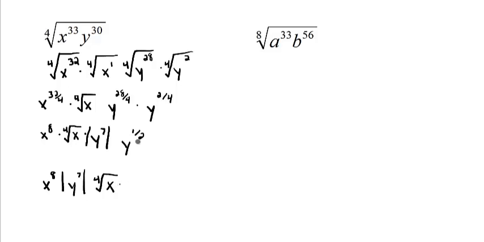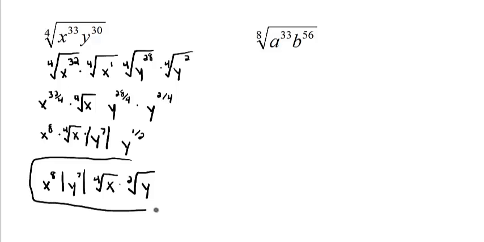And this is actually the square root of y, so let me write it first: the square root of y. This 2 gets swung over, and that becomes the index of a radical. So this is our final answer: x to the 8th times the absolute value of y to the 7th times the 4th root of x times the 2nd root of y. And that will be the final answer right there.